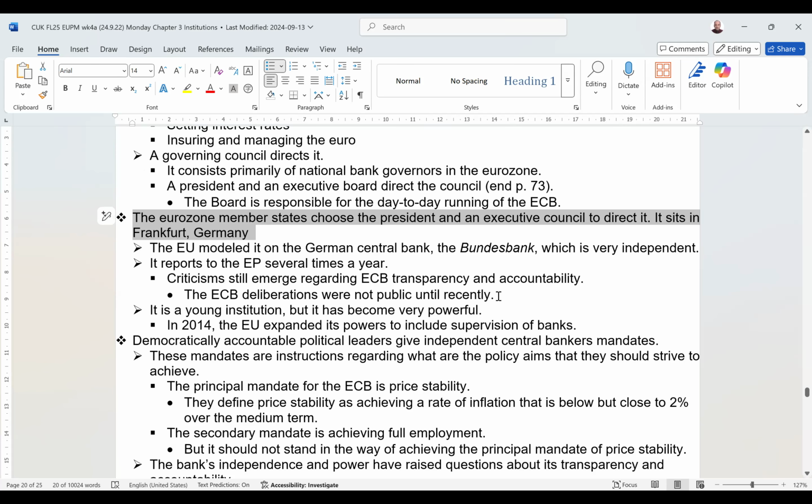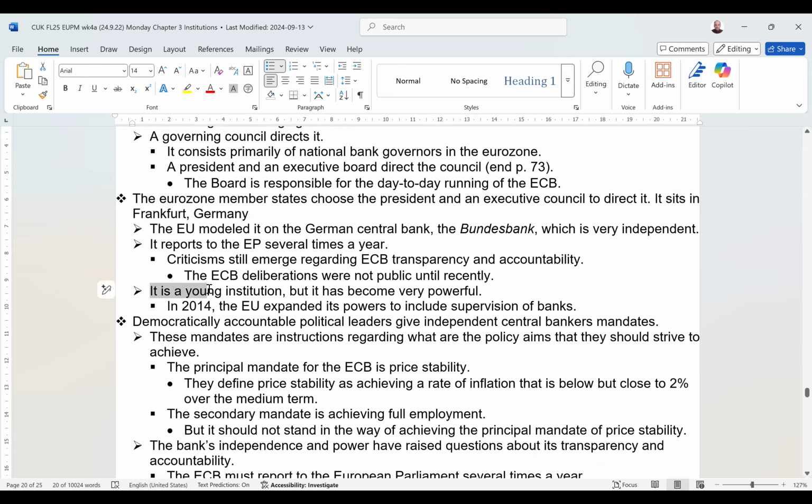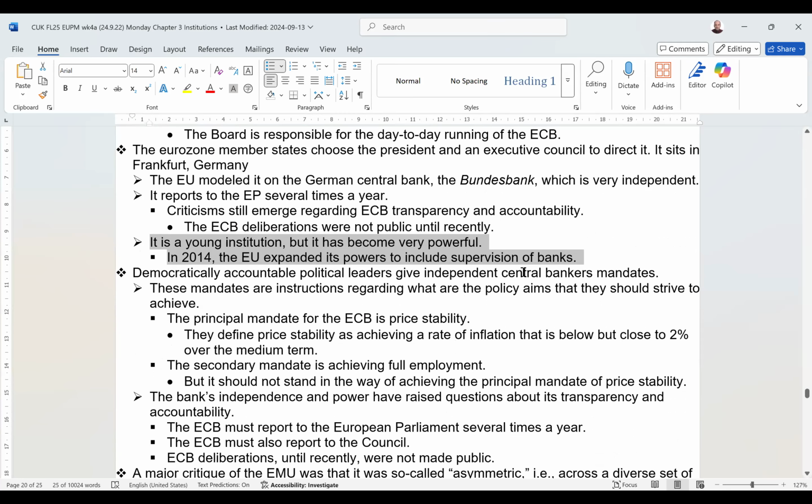It is a young institution, but it has become very powerful. And in 2014, its role expanded to include supervision of banks. So it's supposed to intervene in Italian banks or Bulgarian banks or French banks or Dutch banks that are in danger of going bankrupt. It's supposed to intervene and monitor them, although of course it's slower than in the United States with the Federal Reserve monitoring American banks, because we're dealing with member states.